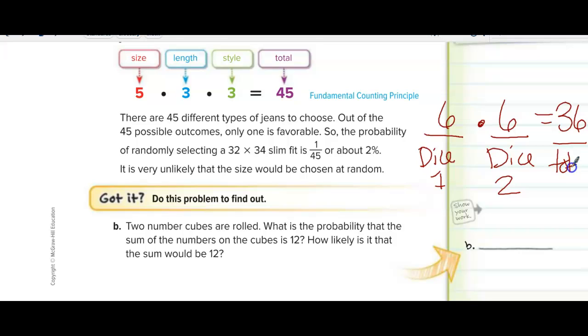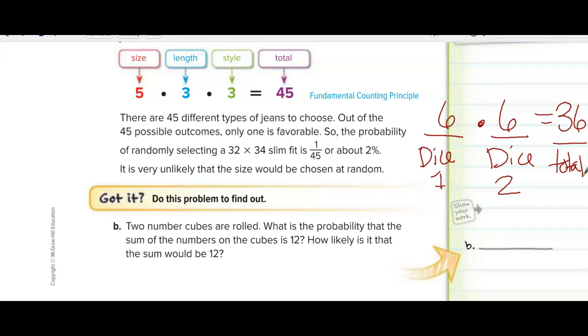Wait, but remember that table that we do? Why did you use 12? Because I added. If you have a cube, there's 6 on each side, so all of them added together is 12.